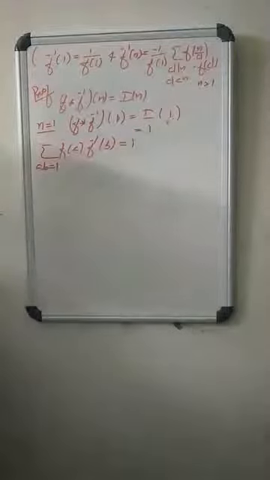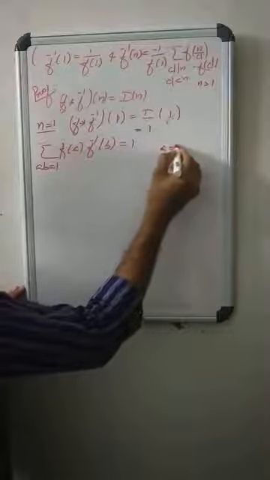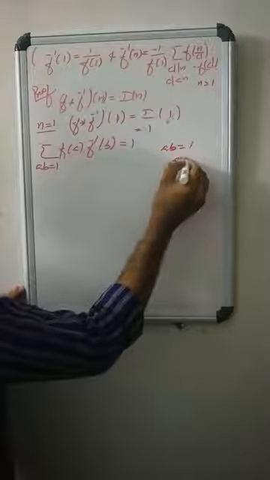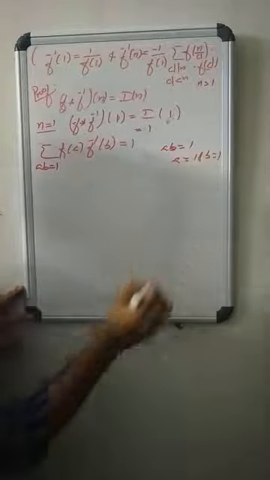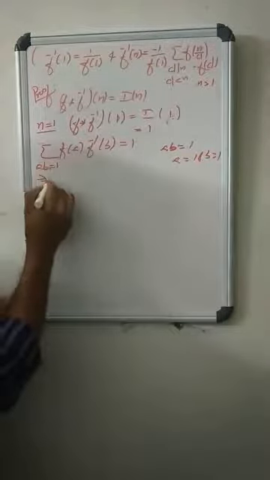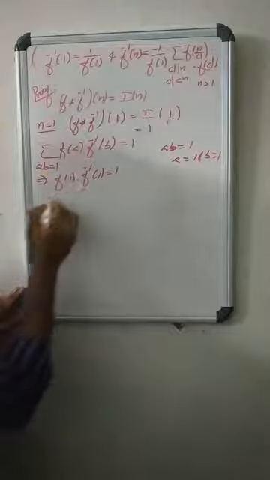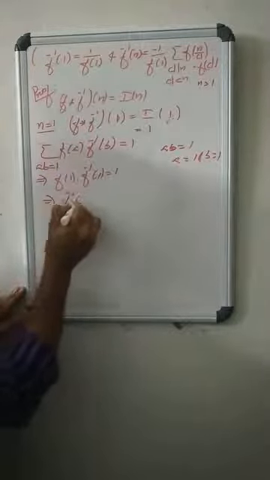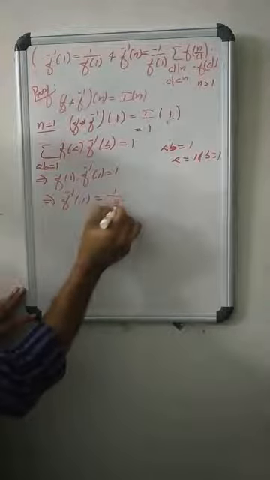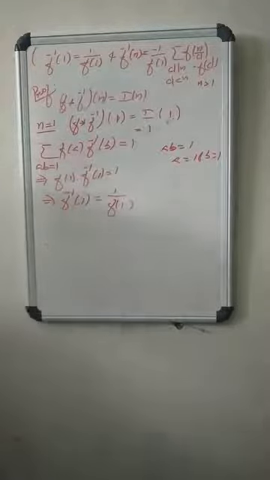Sigma over ab equals 1 means when ab equals 1, that implies a equals 1 and b equals 1. So this may be rewritten as f of 1 into f inverse 1 equals 1. That means f inverse 1 equals 1 by f of 1. So it is proved. When n equals 1, f inverse 1 is 1 by f of 1.